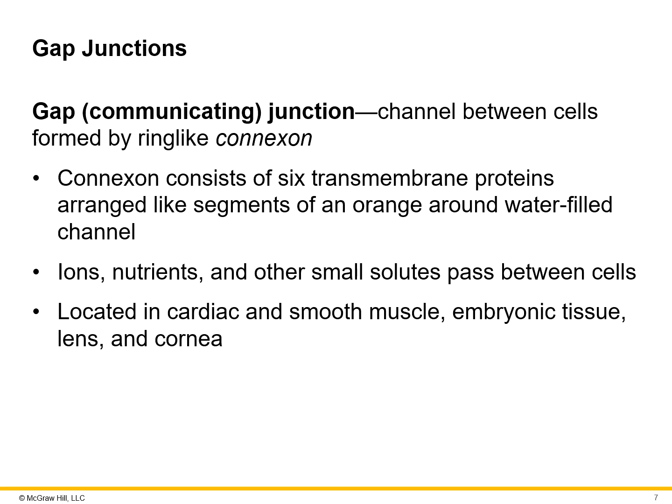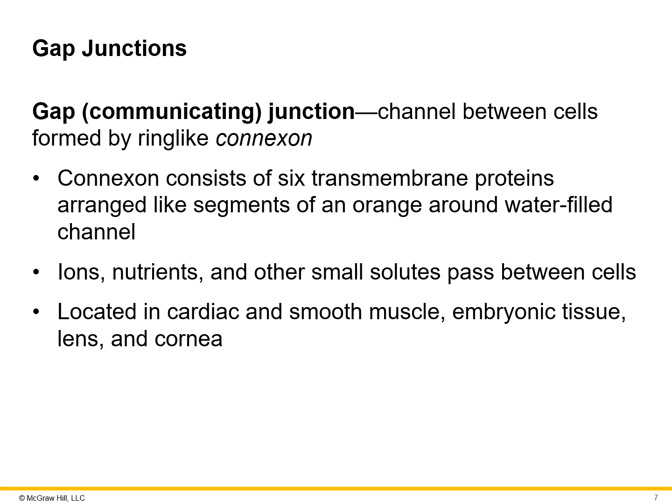So they're these proteins that go across the membrane, and they're arranged in segments around water-filled channels. And this is going to allow nutrients or ions to be able to pass between cells without going through that extracellular space.